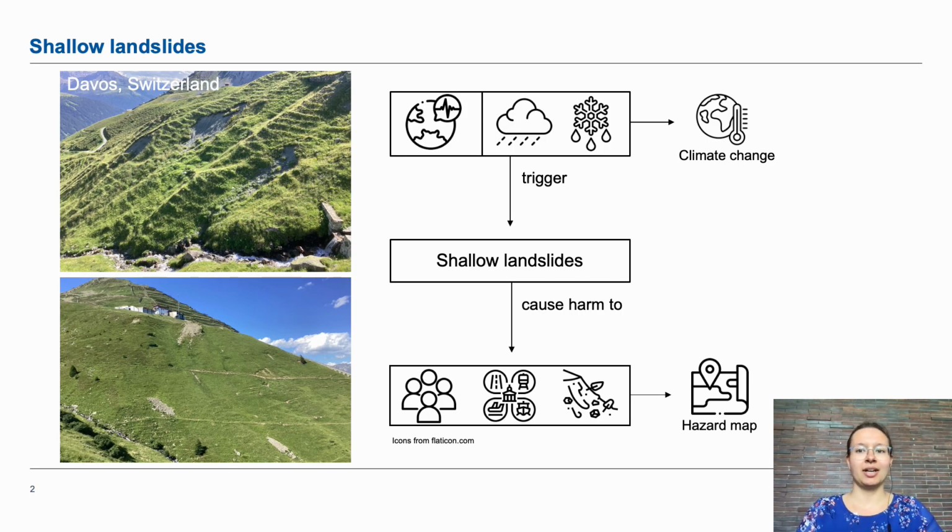Despite their limited size, due to their swarm-like occurrence, shallow landslides still pose a threat to people, infrastructure and the environment. For hazard mitigation and land use planning, the generation of hazard maps is an essential tool, and machine learning has gained increasing importance in recent years due to the increased availability of especially also open access data and increased computational powers.